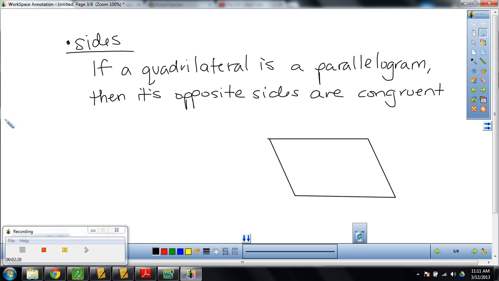If a quadrilateral is a parallelogram, so if we have a four-sided figure and we know that it's a parallelogram, then we also know its opposite sides are congruent. So if we have our parallelogram tick marks, we know it's a parallelogram, and we can then assume my longer opposite sides are congruent, and my shorter opposite sides are congruent.